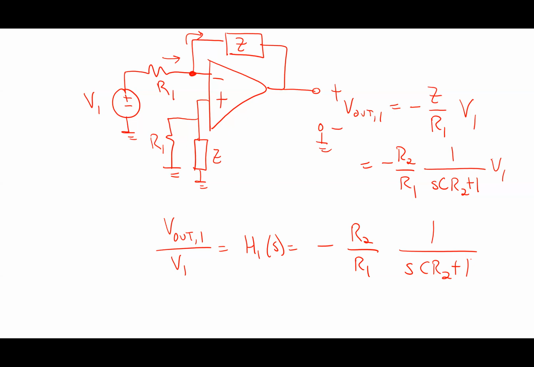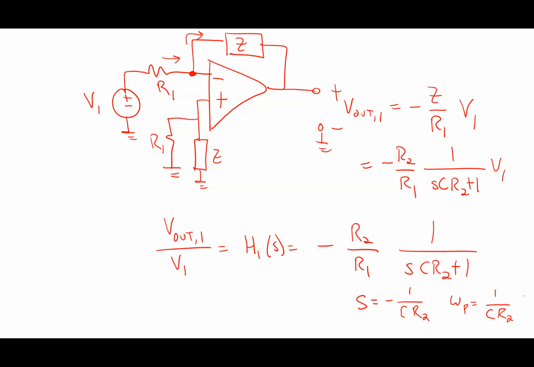I have S equal to negative 1 over CR2. What's the break point? Yeah, 1 over CR2.